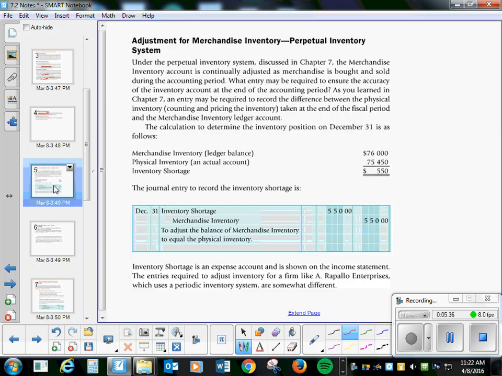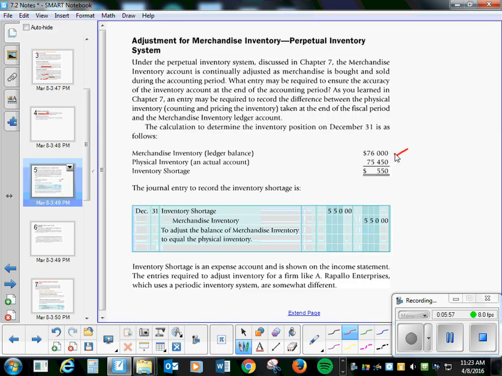As you learned in Chapter 7, an entry may be required to record the difference between the physical inventory taken at the end of the fiscal period and the merchandise inventory ledger account. The calculation to determine the inventory position on December 31st is as follows. Merchandise inventory, 76,000.